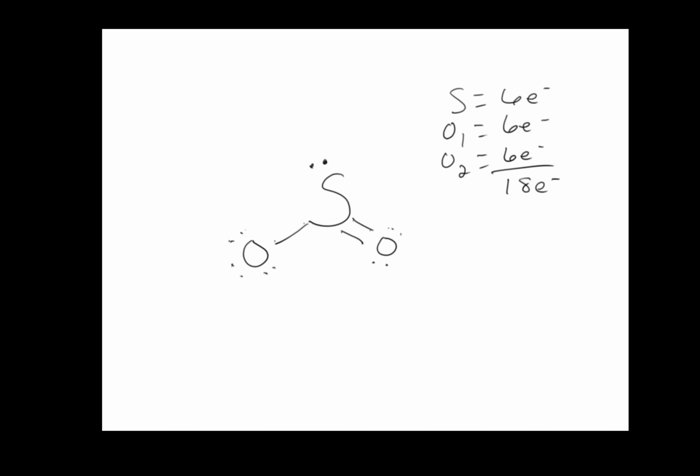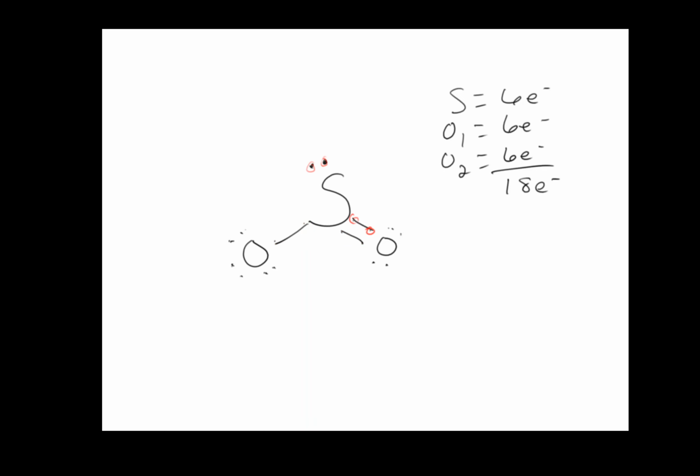Now, if I had come up with this structure, you will notice it looks a little bit odd compared to the other. So let's check octets first. Let's do sulfur first. 1, 2, 3, 4, 5, 6, 7, 8. Sulfur looks absolutely fine.